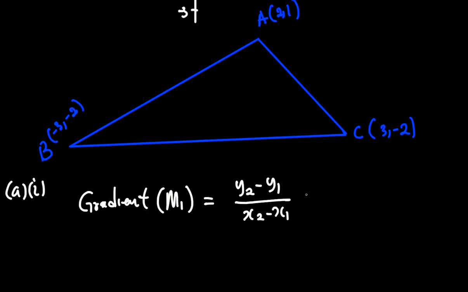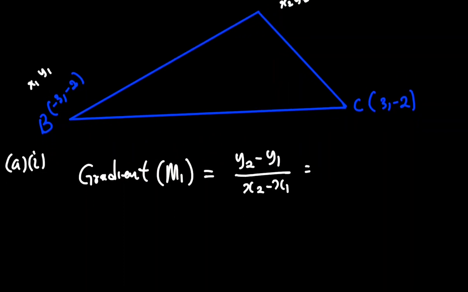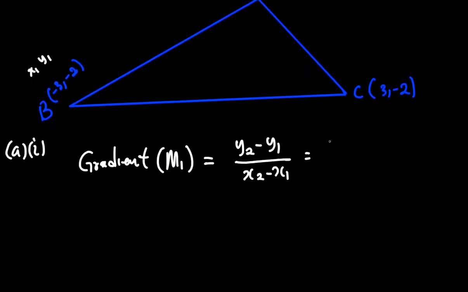Either of these coordinates for A and B could be your x1, y1. Let's stick with x1, y1 here, and x2, y2 here. If we stick with that, we are going to get 1 minus -2 over 2 minus -3.